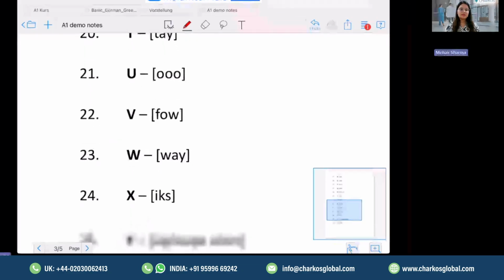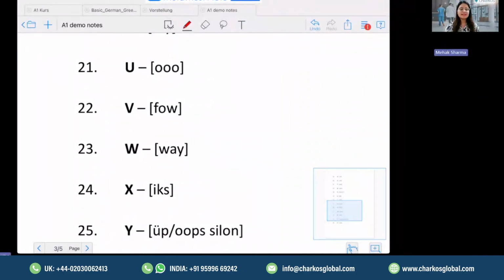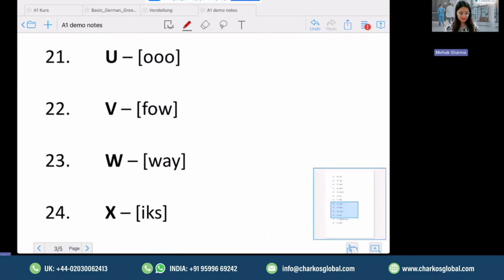V. Now, V is called fow. Point to be noted is that we will not give you V sound, but it will give you F sound.